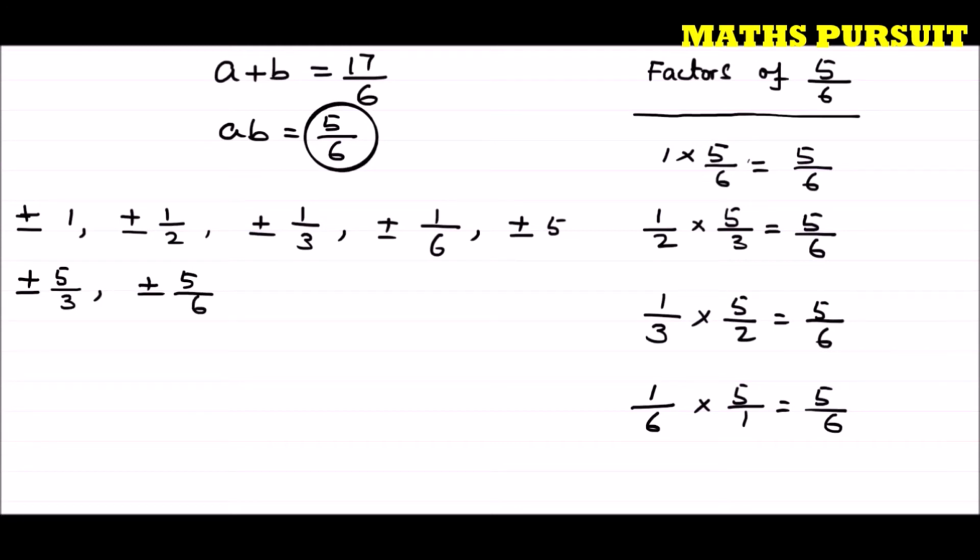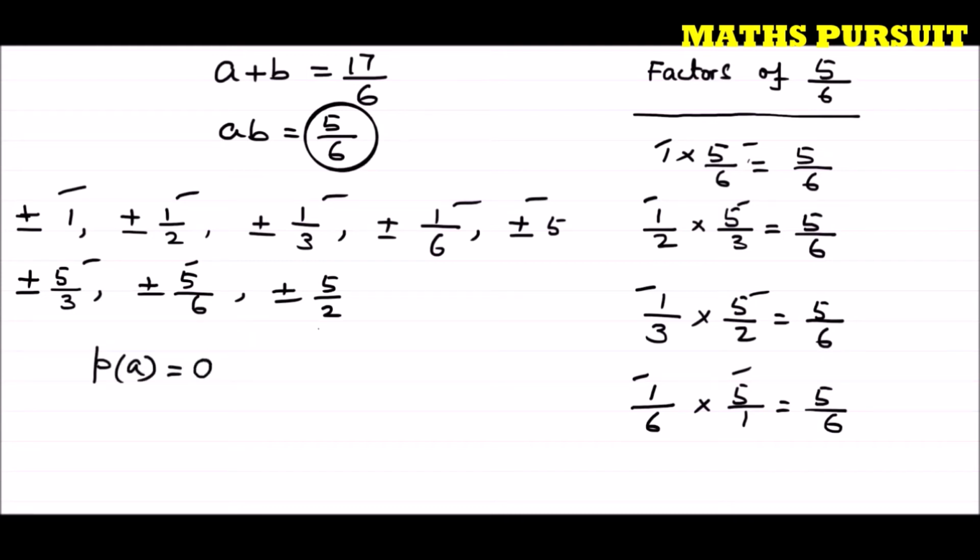If we count, how many did we get? 1, 2, 3, 4, 5, 6, 7, and one more I was missing, which is plus or minus 5 upon 2. So these are the 8 factors that we got for 5 upon 6. Now, in order to apply the factor theorem, we should conclude that P(a) is equal to 0.